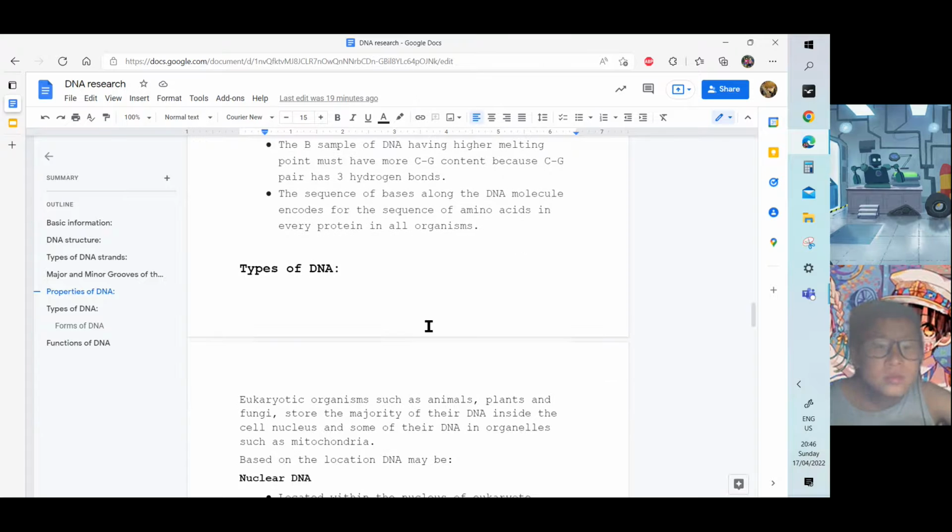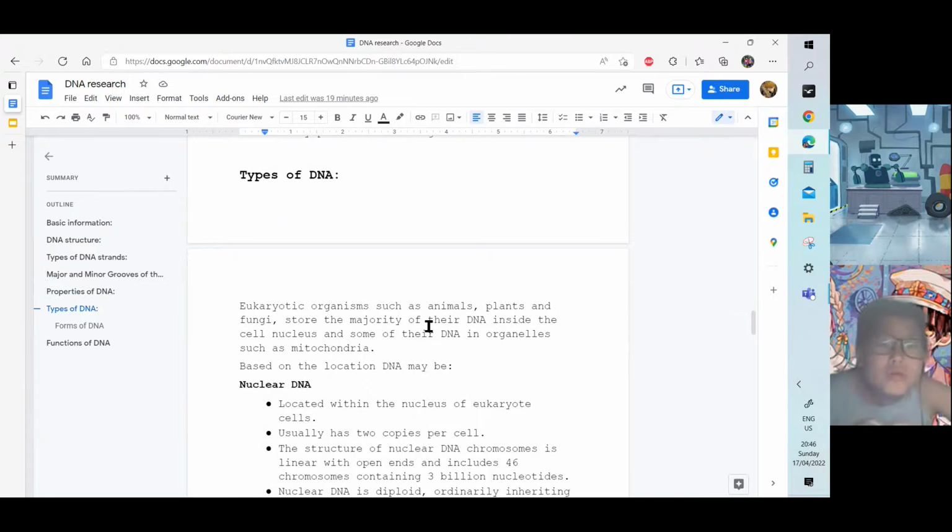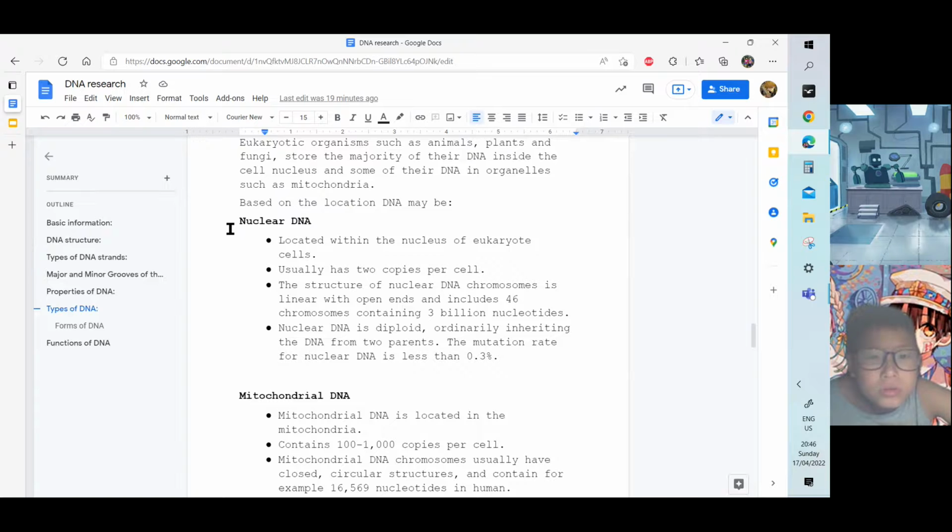Types of DNA: eukaryotic. Organisms such as animals, plants, and fungi store the majority of their DNA inside the cell nucleus and some of their DNA in organelles such as mitochondria. Based on location, there is nuclear DNA, located within the nucleus of eukaryotic cells.